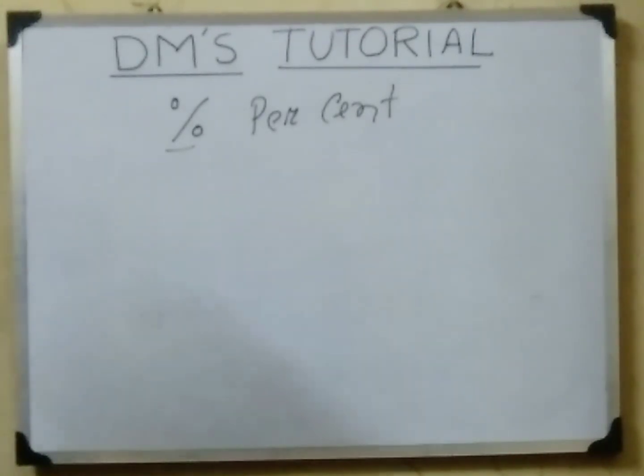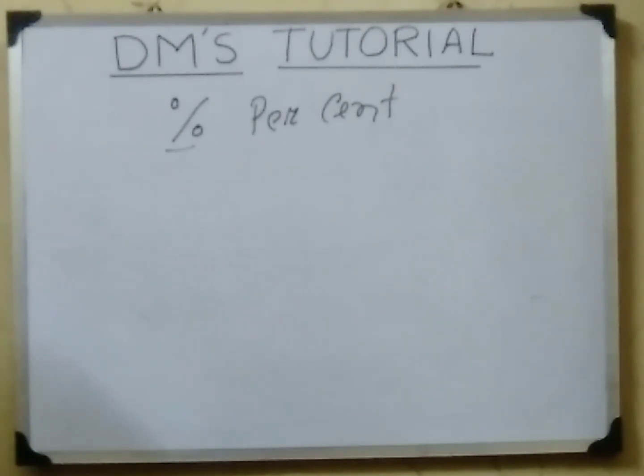So students, we have already discussed how any fractions or decimal can be converted into the fraction, and any kind of fraction can be converted into the decimal or fractions.